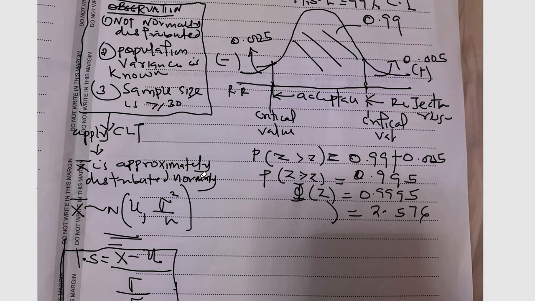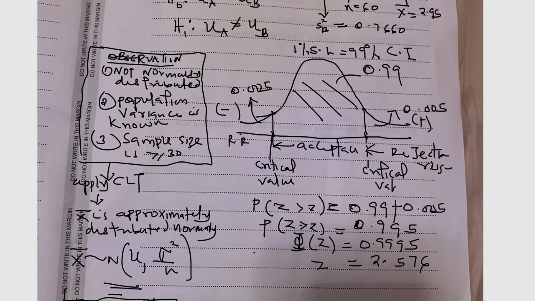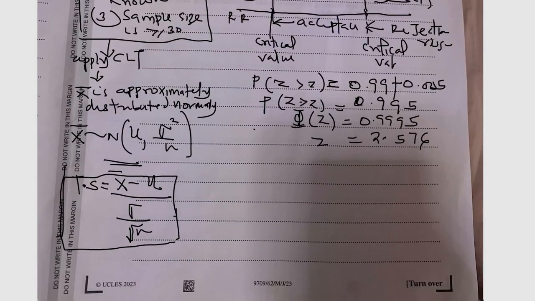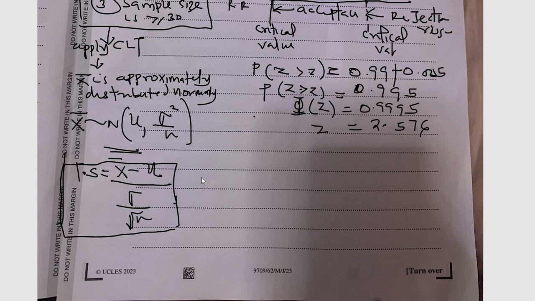When you find the inverse of phi, we have this. So z is 2.576. So a 99% confidence interval, which is the same thing as a 1% significance level, will give us 2.576.